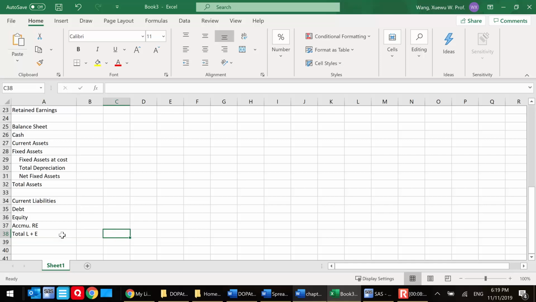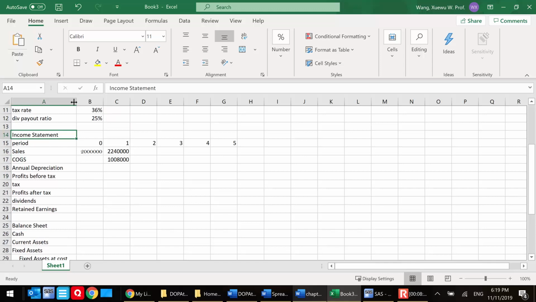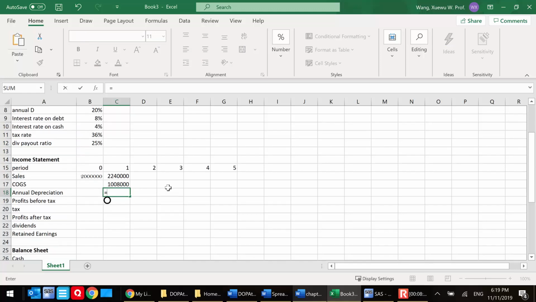So that is our income statement and the balance sheet. These are the scaffolds of this building here. Let's look at the annual depreciation. We should focus on the formula right here. The numbers are going to come back alive once we actually solve this model.